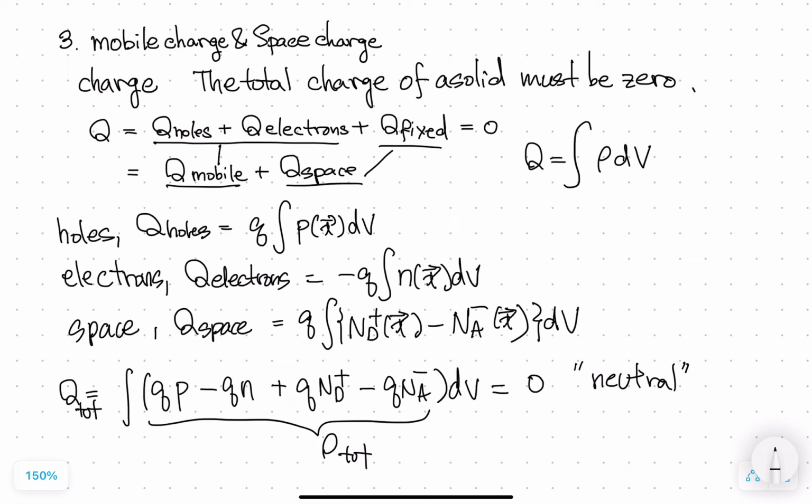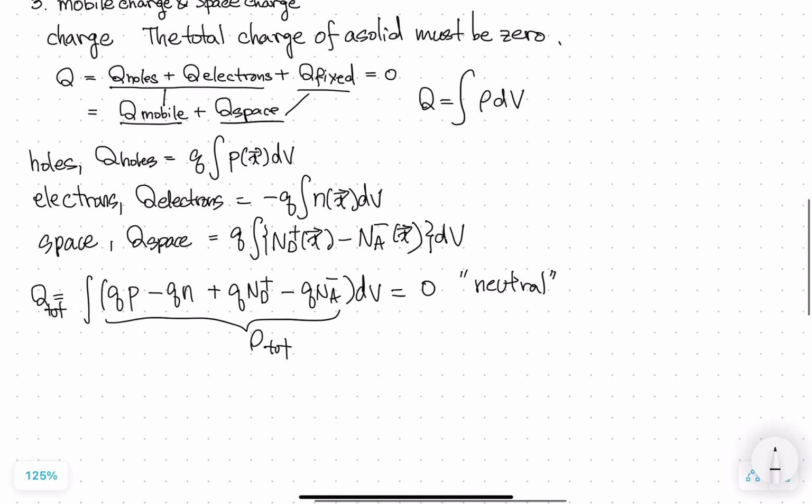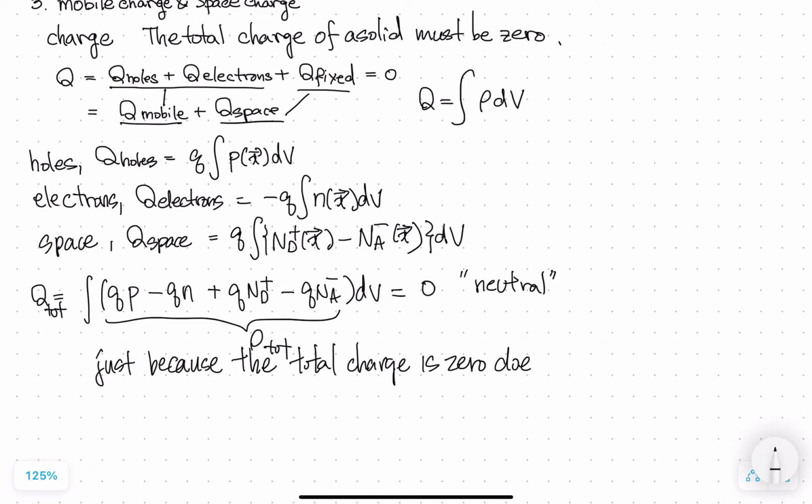But here's the important part. Let me explain this. Just because the total charge is zero doesn't mean charge is zero everywhere.